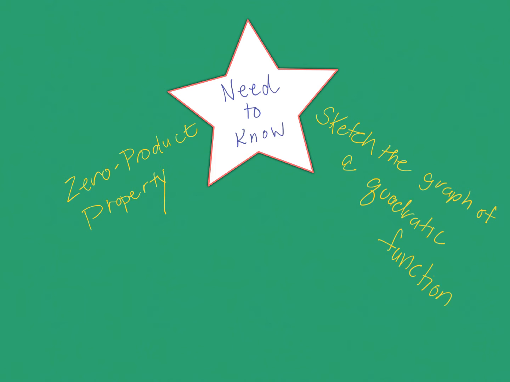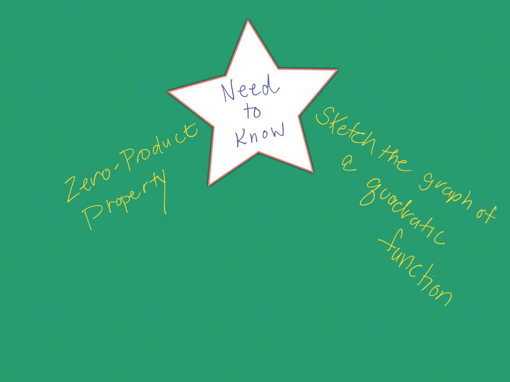All right, before we begin our lesson today, there are a few things that we need to know that are going to happen within the lesson that I want to highlight before we go into the main part of our new concept today. One is called the zero product property.